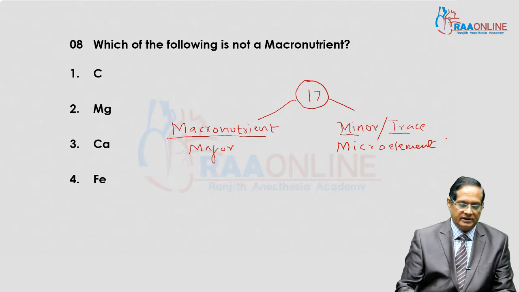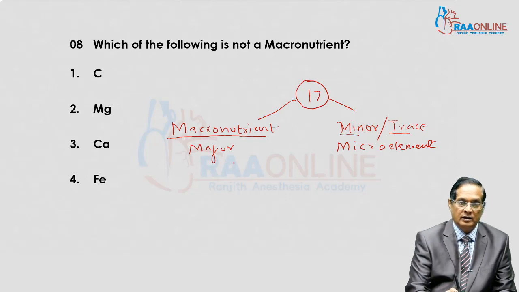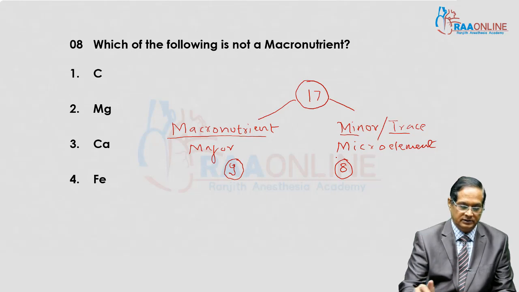And out of 17 elements, 9 are macro elements and 8 are micro elements.